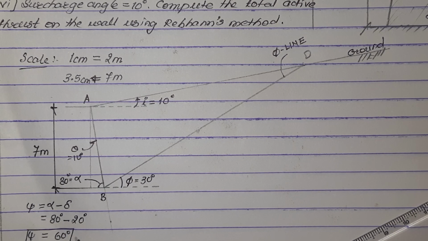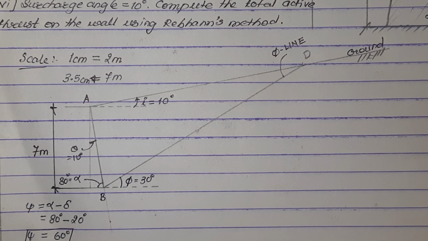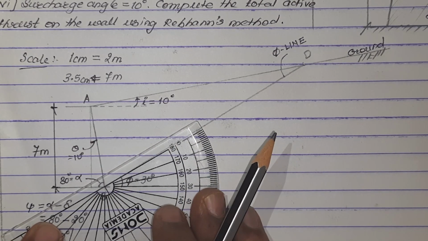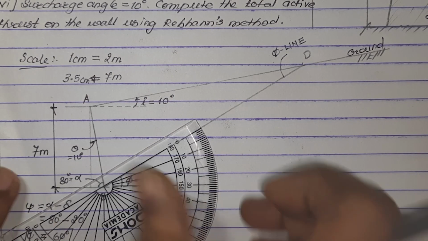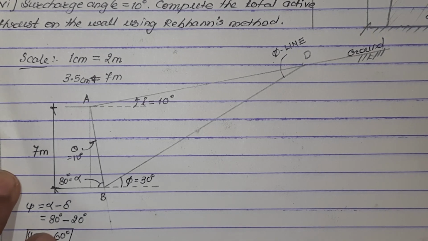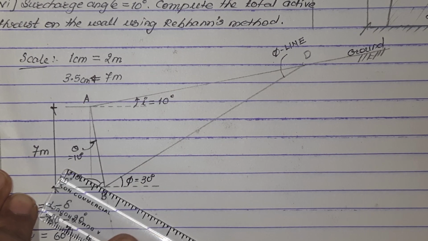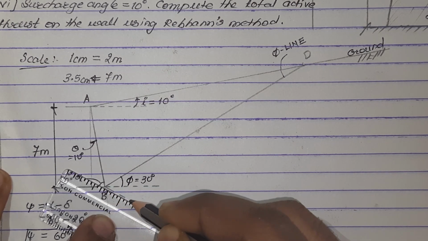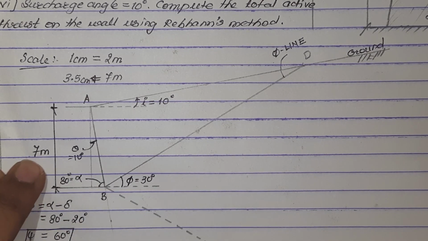So draw psi line which will be inclined at 60 degree with this phi line. Let us draw. This line will pass through base of the wall. This is psi line.